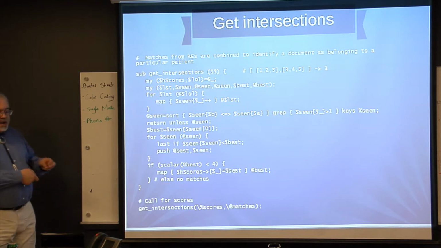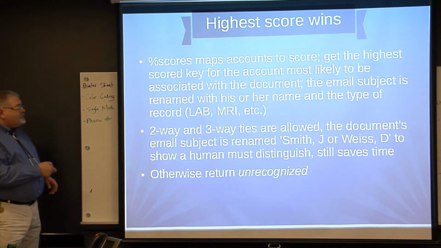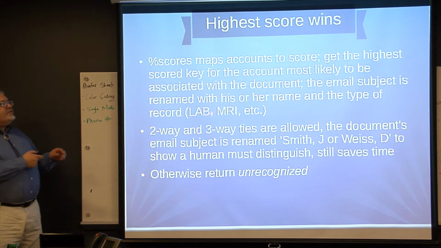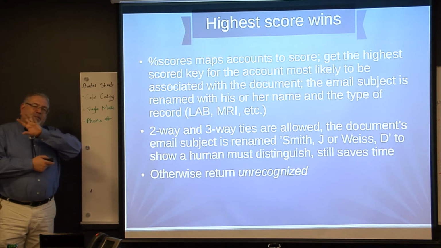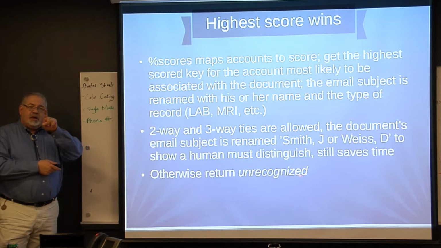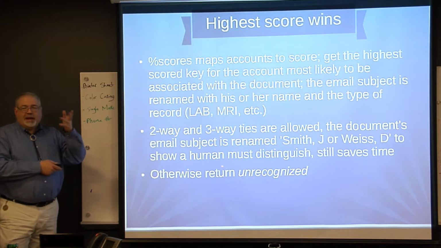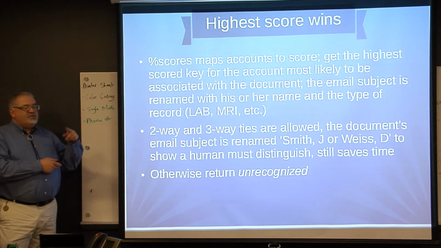And then with the scores array, what we're able to do is get the information. The highest score wins, basically. It maps accounts to score, so you can get the highest scored key for the account, which will essentially be the document. Let's say these come to the doctors as email, and the email subject says, lab report or something like that. When the doctor hits the OCR button, if they're looking at it there, or this happens automatically if I turn on automatic OCR processing, then the email subject line gets changed.